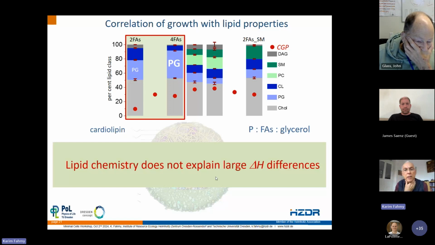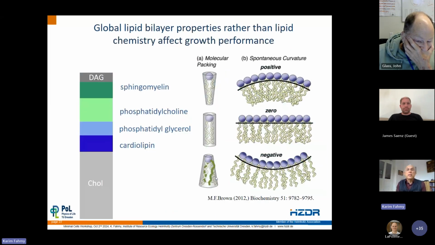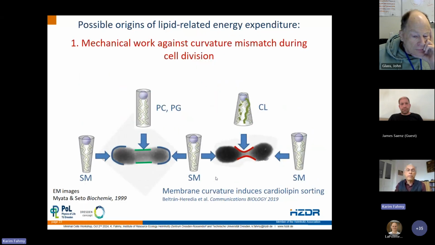So I think that lipid chemistry will not explain these large delta H differences. And there's other arguments that speak against that. So it seems to be that it's maybe global lipid bilayer properties rather than lipid chemistry that affects growth performance. And of course, you all know the different curvature tendencies in these lipids. And one could think of during the cell division, you need certain curvatures at different sides of the cell.